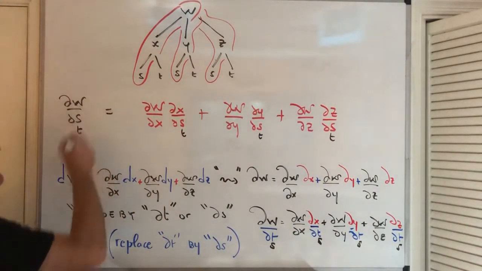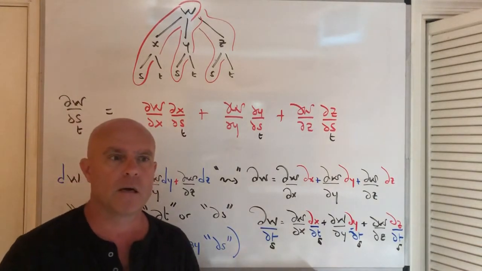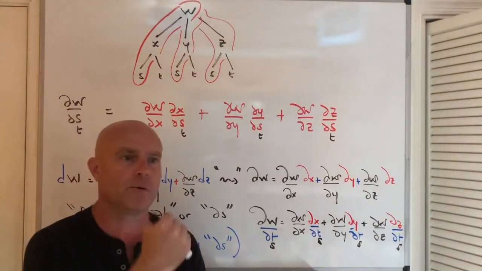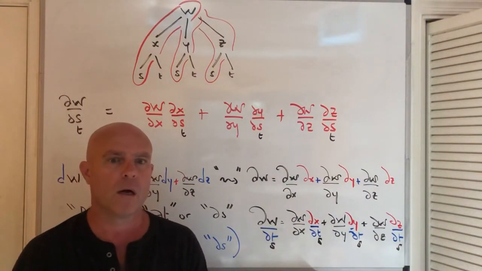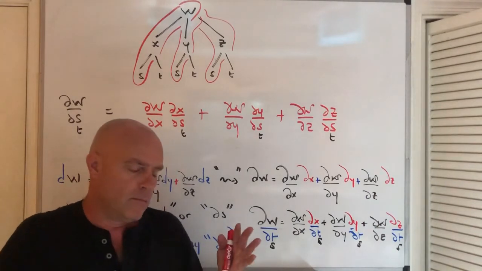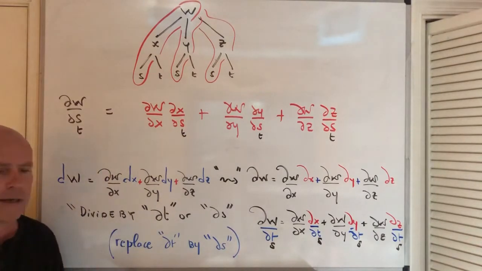And that's another way to remember the chain rule in this case, where the final output depended upon 3 variables, and those 3 variables depend upon 2 variables. You could look at the formulas given in the book.